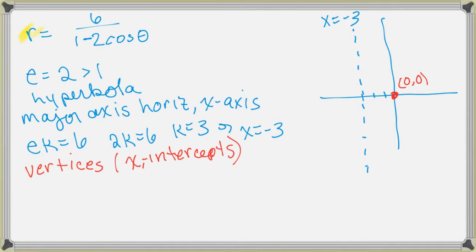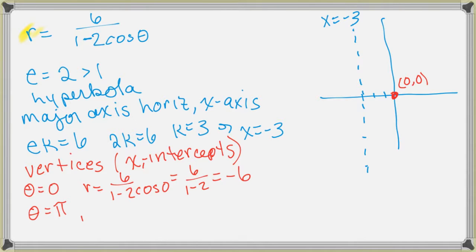So on the x, we want to look right and look left. So let's see what happens if I look right and look left. 6 over 1 minus 2 cosine 0. Cosine of 0 is 1. So that's a -6. And if we look left, cosine of pi is -1. So that ends up being a plus there. And 6/3 is 2, right?